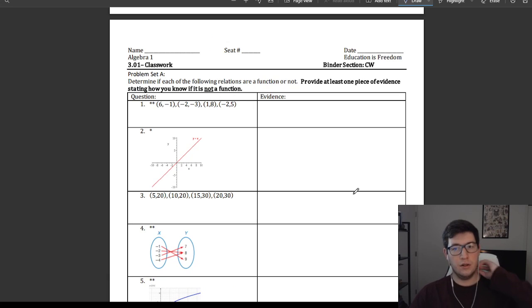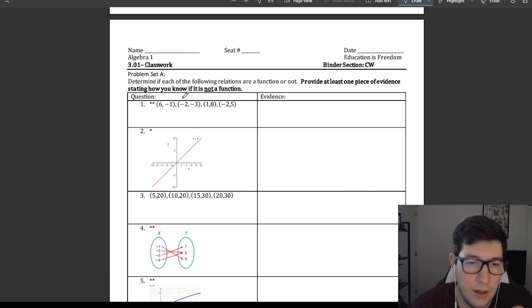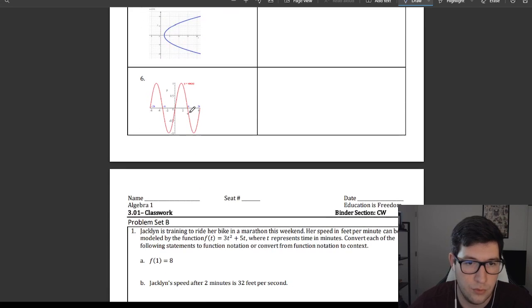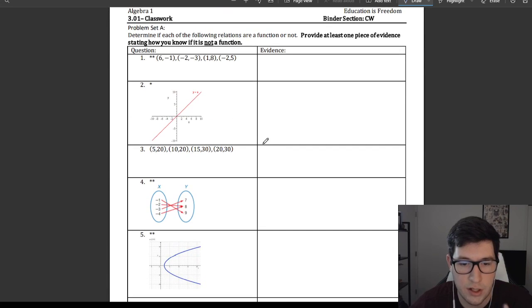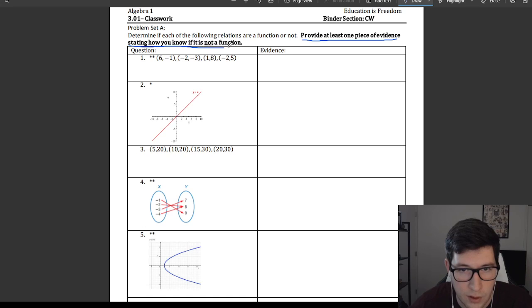All right. So problem set A is 6 questions, and each one is very simply asking you, is this a function or is it not? If it's not a function, it's important that we read our directions here. We need to provide at least one piece of evidence stating how we know it's not a function.